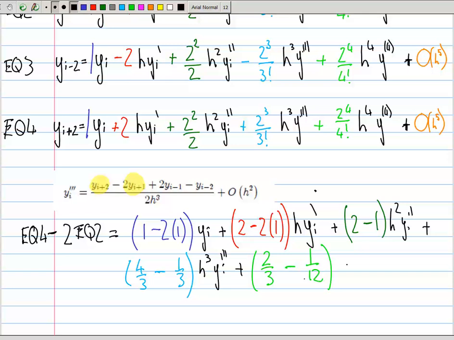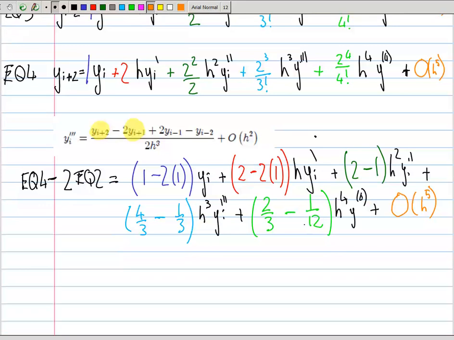That is h to the 4, y to the 4th prime. And remember, our O(h^5), even though we're minusing one from the other, our error doesn't end up disappearing. It doesn't take on a factor of its own. It just remains there. The only thing that can affect the O term is h's. So we're still going to be sitting there with O(h^5).